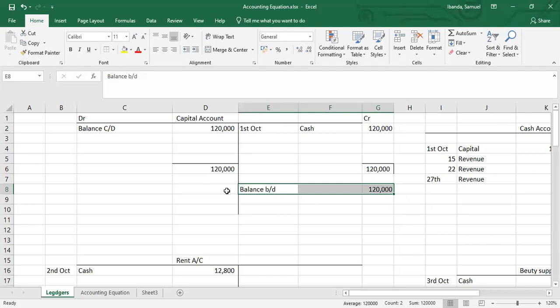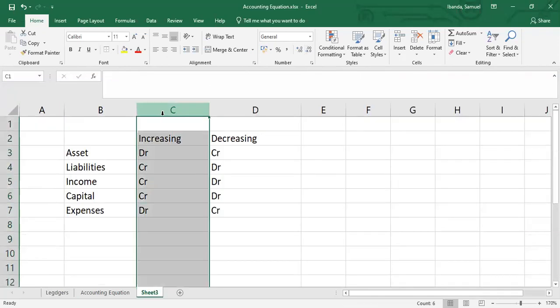We only have a few accounts that keep on changing, accounts like bank, or maybe retained earnings can also behave that way. But basically, other accounts like capital, cash, and so on all have a standard balance.